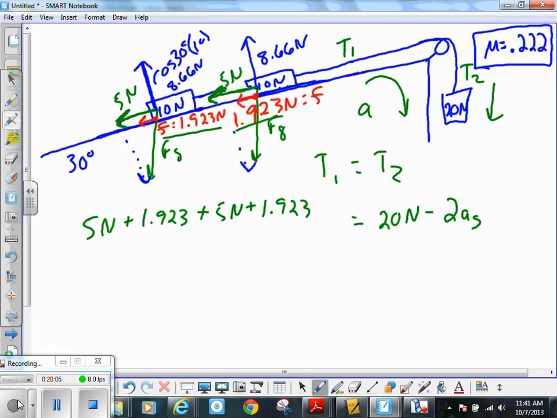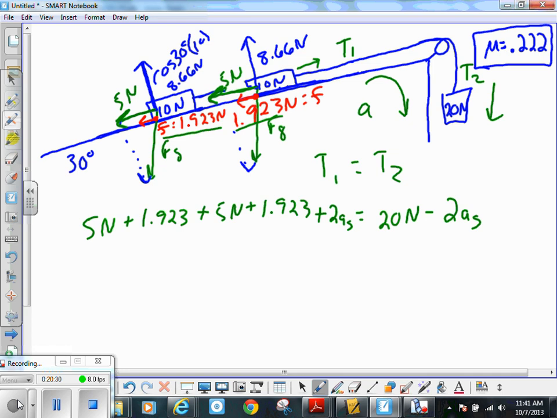T1 equals T2. Okay, and then is acceleration of the system going to be a plus or a minus in this case? It's going to be a plus, right? Because it's going to be moving this up, so it has to have more force than all that stuff. So it's going to cause more tension. So it's going to be plus 2a, right? Because it's really just 2 kilograms on each end.